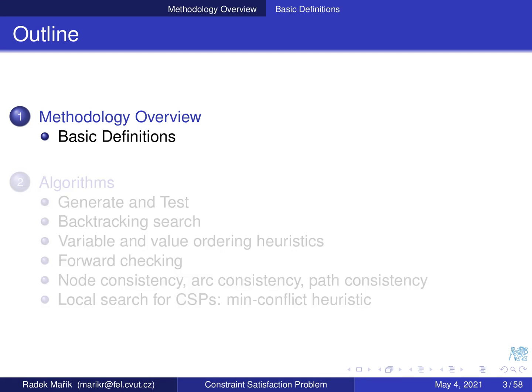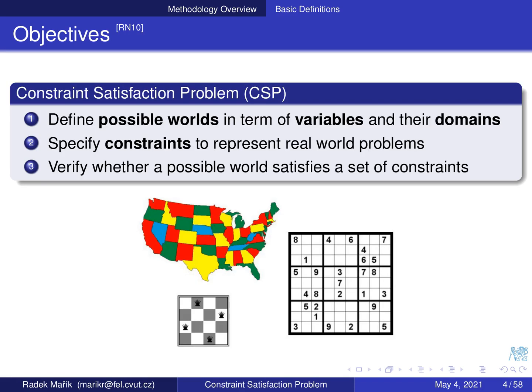From the methodology point of view, constraint satisfaction problem deals with possible worlds and constraints. Each world is expressed in terms of variables and their domains. In other words, each world can be represented as a set of variables, and each variable has values that can be assigned to it.